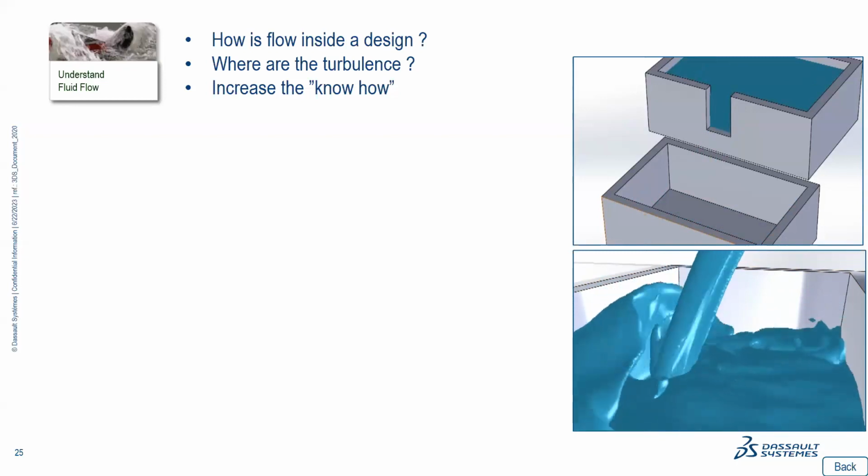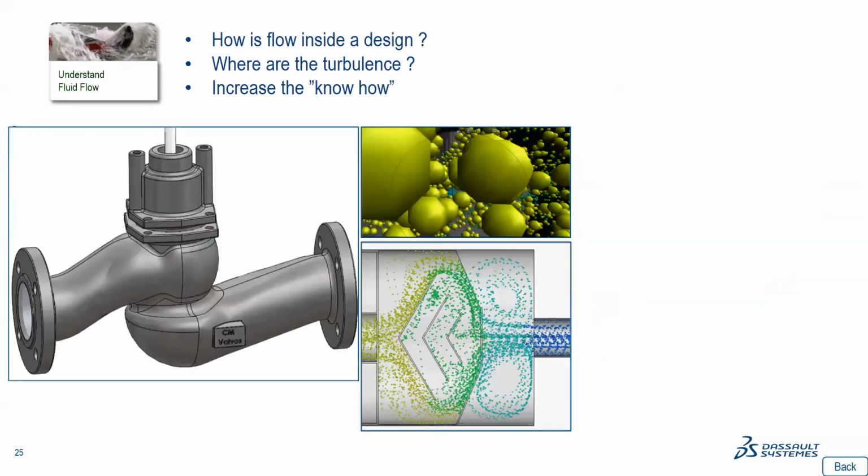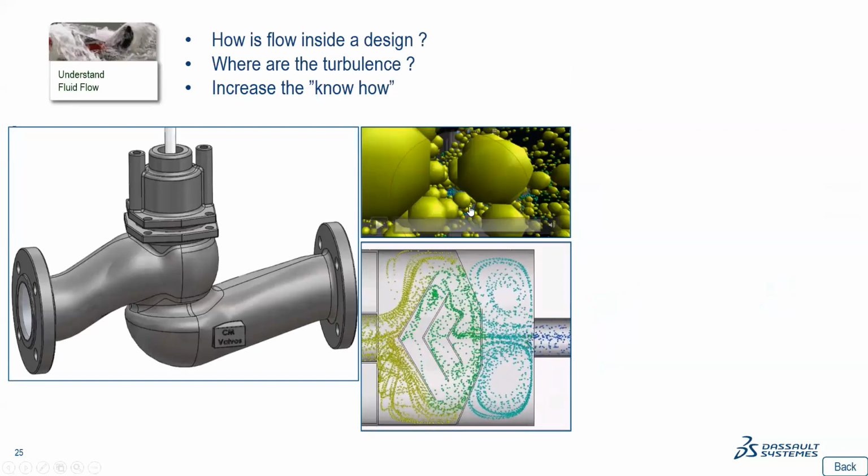You want also to estimate the turbulence you can have in your design. Here you can see that you have a lot of recirculations, and where is the turbulence of the design? So this is a very cool tool to estimate this. This type of analysis really gives you a better understanding of the behavior of your product.